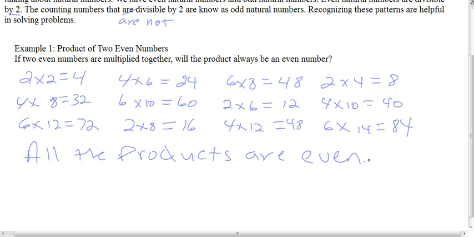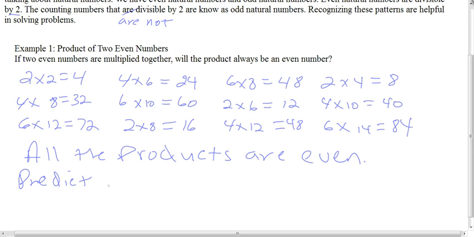So just by using what we've seen and what we've worked, we can predict, or come to the conclusion, that all of the products of two even numbers will give us an even number.